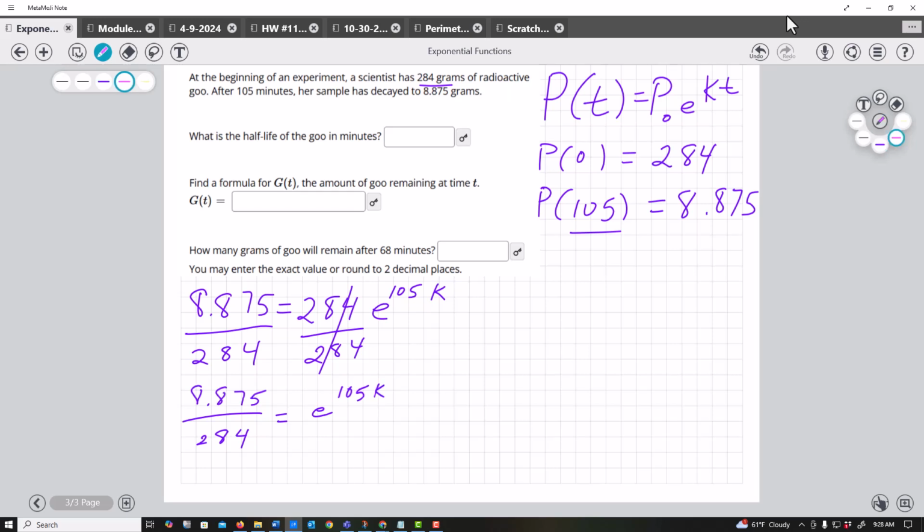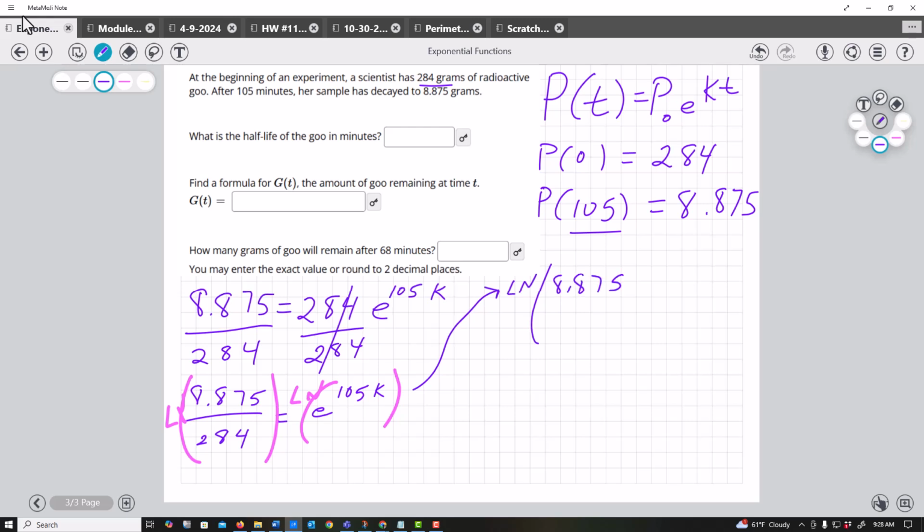Remember now, if you ln both sides, the natural log, then what happens, come back up over here, is I have ln of 8.875 over 284. The ln cancels this out, brings the 105k down, and now I can divide both sides by 105.